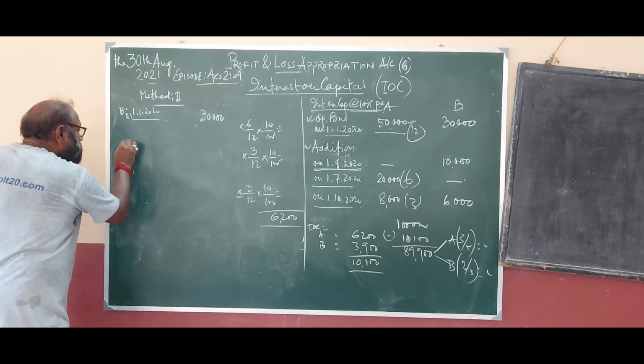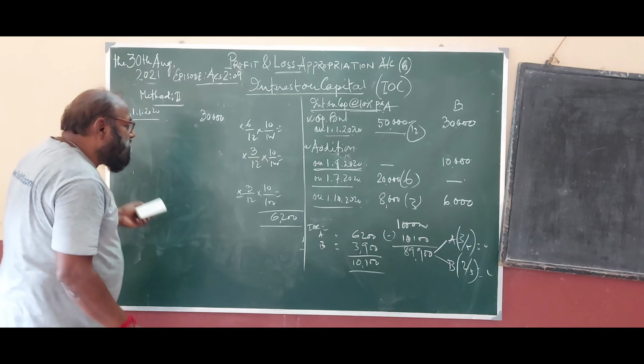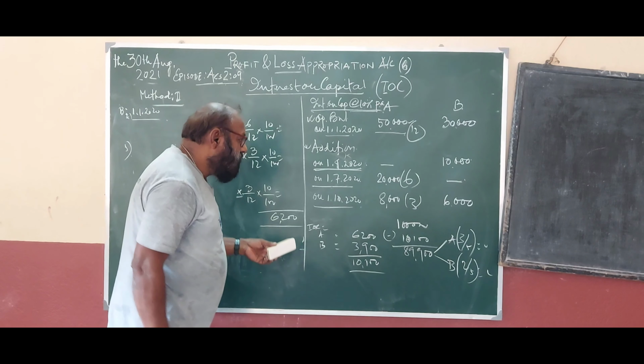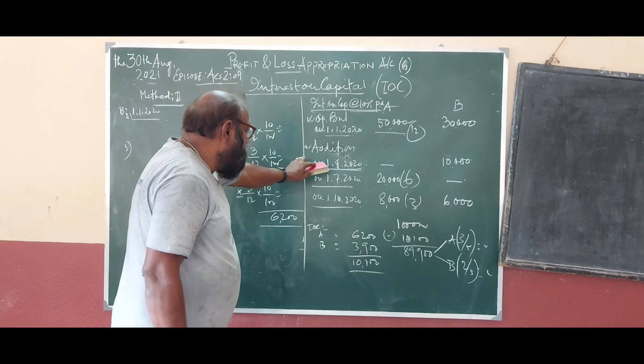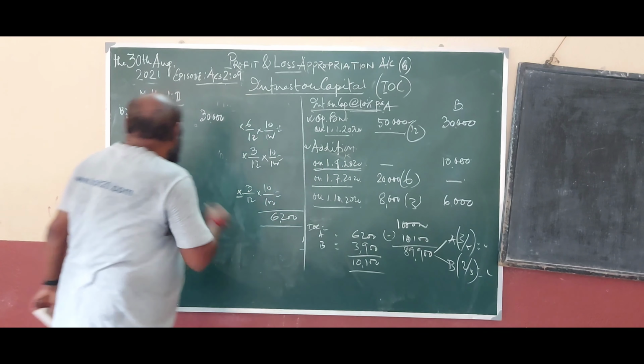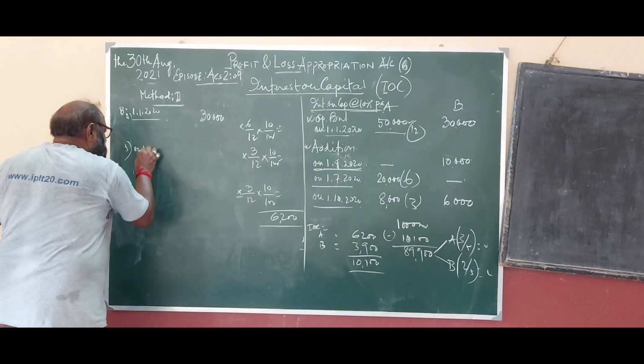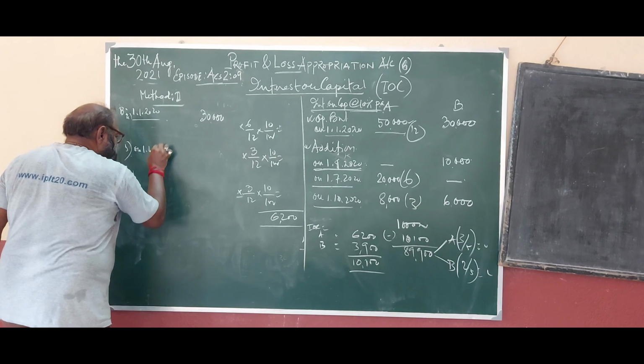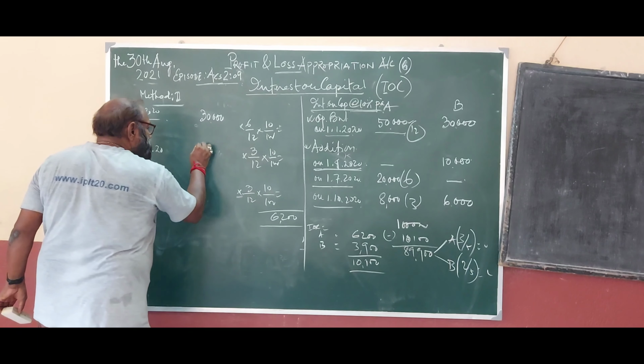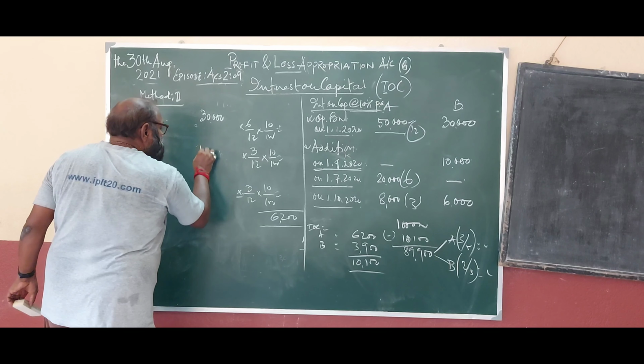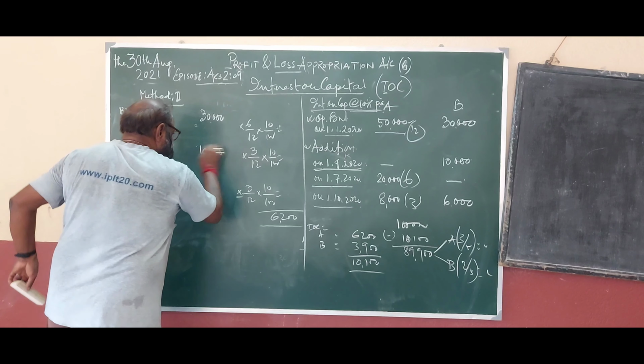Next investment came on what date? The next investment by B was on 1/4/2020. On 1/4/2020, he invests how much amount? He invests 10,000. Clear?